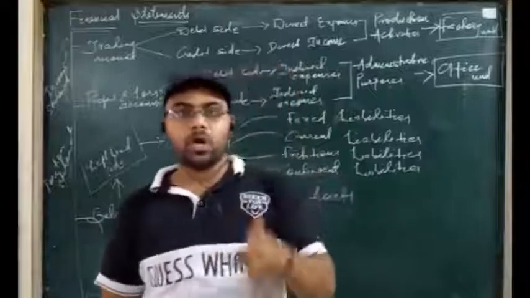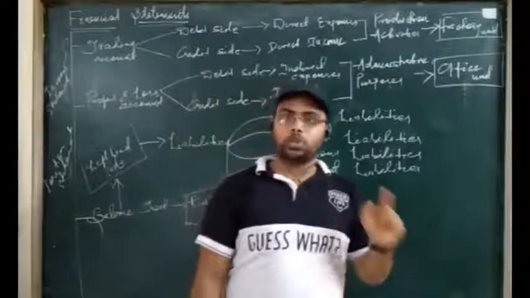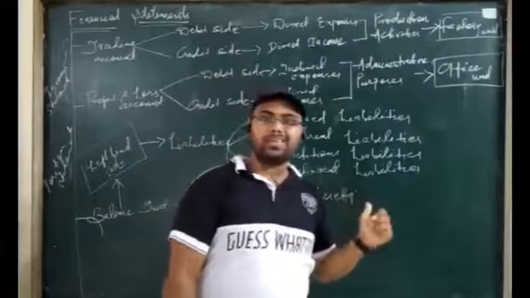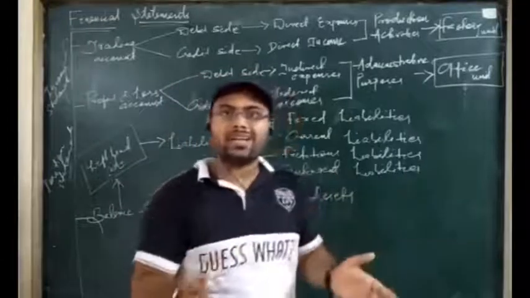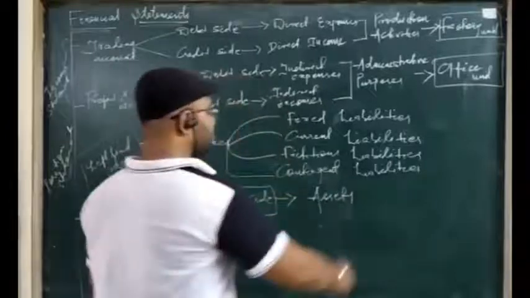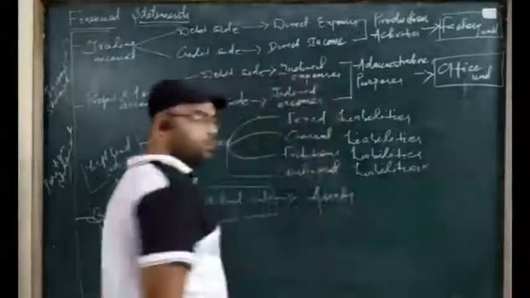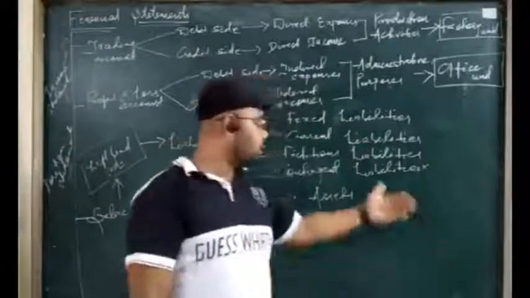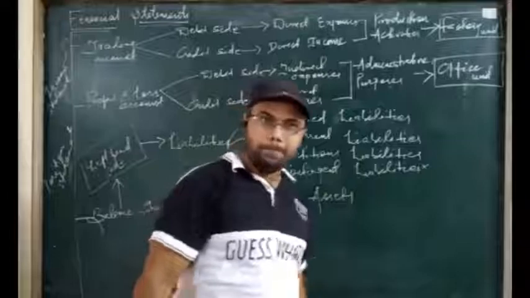Never miss those theories. Always inculcate those theories while you are making the necessary categorization, because all are interrelated. So these are the four types of liabilities. But the last type of liability is not posted in the liability side of the balance sheet, but by way of deduction from the respective asset.